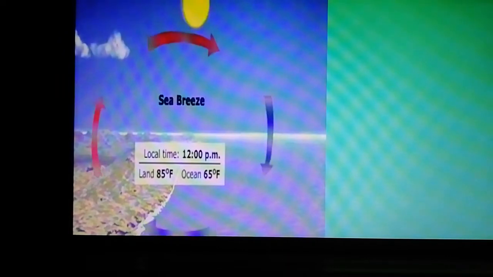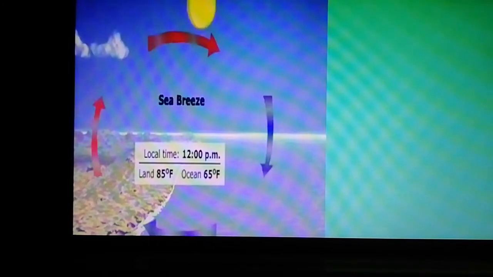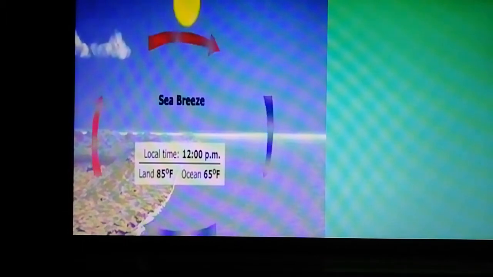Now during the daytime, the land gets heated very quickly, right? And the water is not so hot. It takes time because water is a poor conductor of heat and it takes time to get heated. Now the land gets heated quickly and the air above the land rises up.